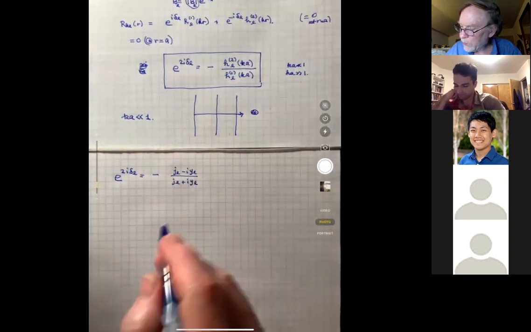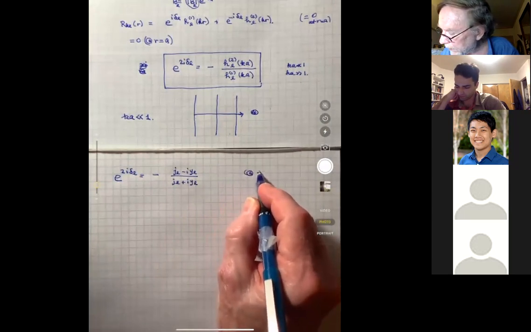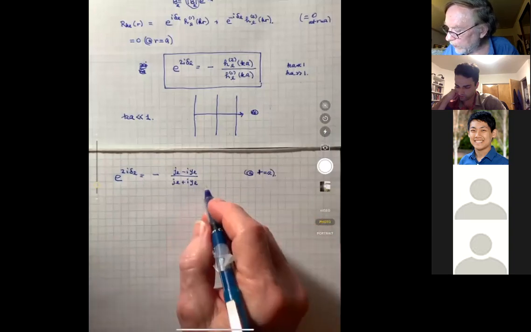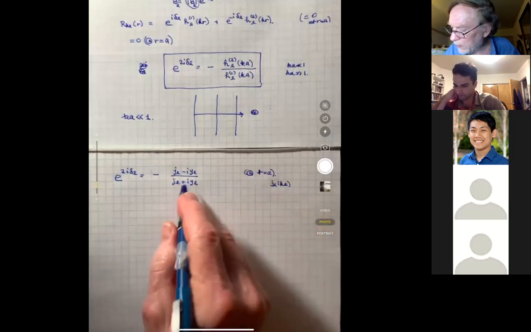This is assumed evaluated at r equals a. For example, we have JL of Ka.